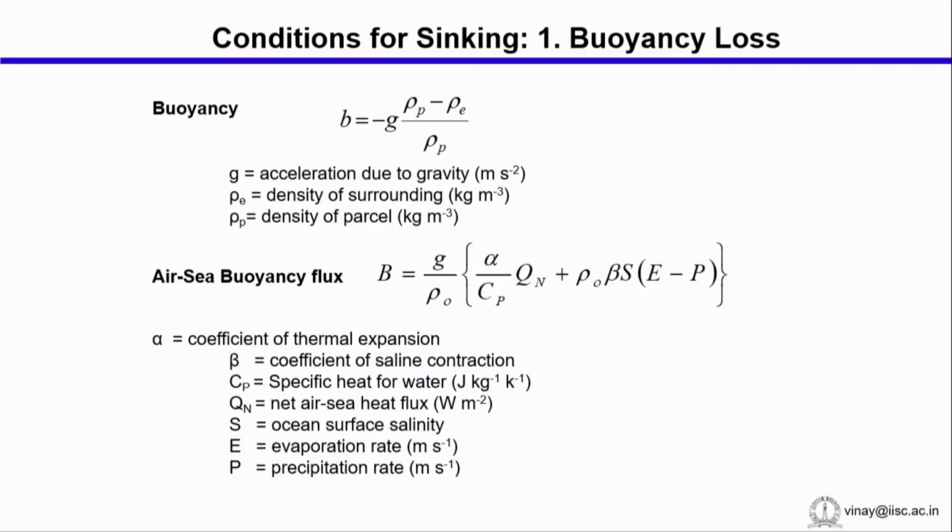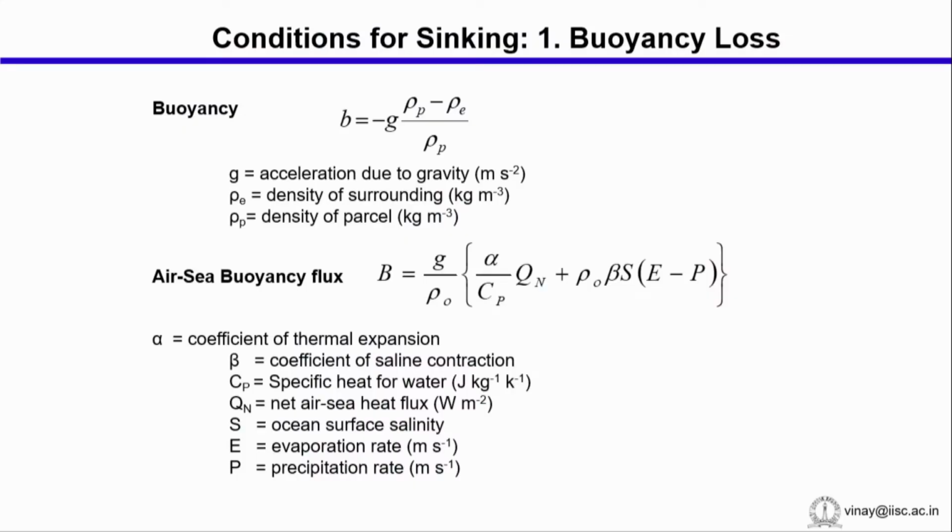How can the buoyancy of a water parcel at the ocean surface change? It can change either by loss or gain of heat or by addition or removal of fresh water.